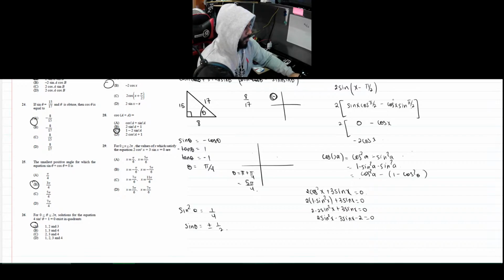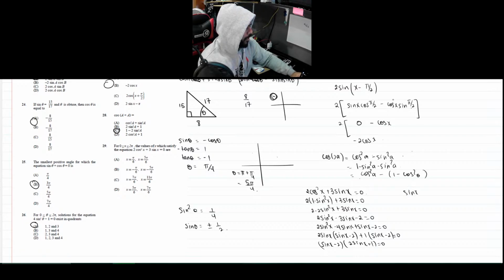Factorize it. 2 times minus 2 is minus 4, so minus 4 and 1. 2 sine squared x minus 4 sine x plus sine x minus 2 equals 0. 2 sine x into (sine x minus 2) plus 1 into (sine x minus 2) equals 0. So (sine x minus 2)(2 sine x plus 1) equals 0.